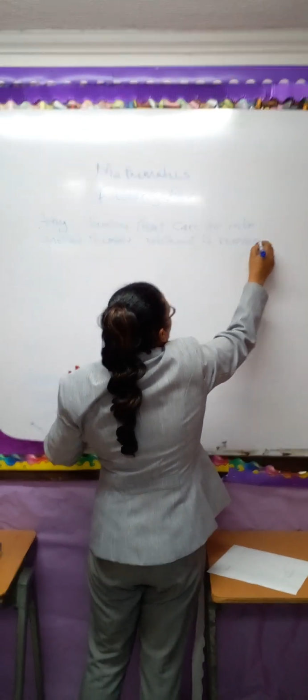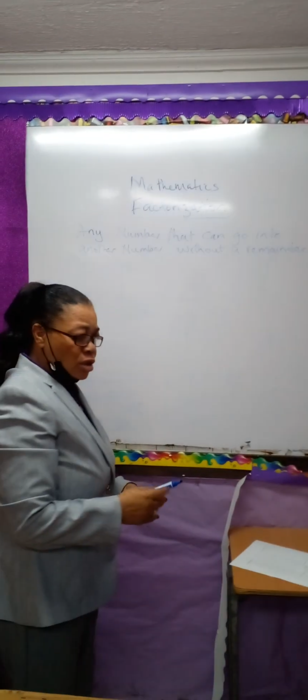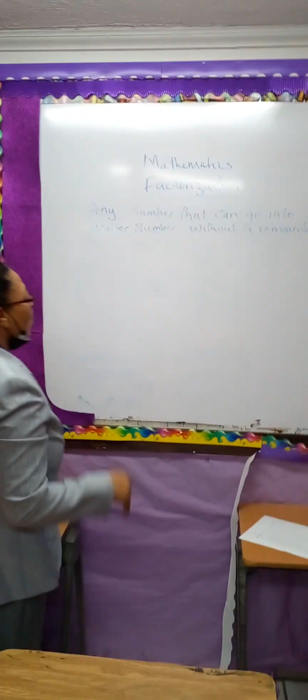Now that's going to be absolutely important here, without a remainder. If it can go into the number without a remainder, it is referred to as a factor of that number.